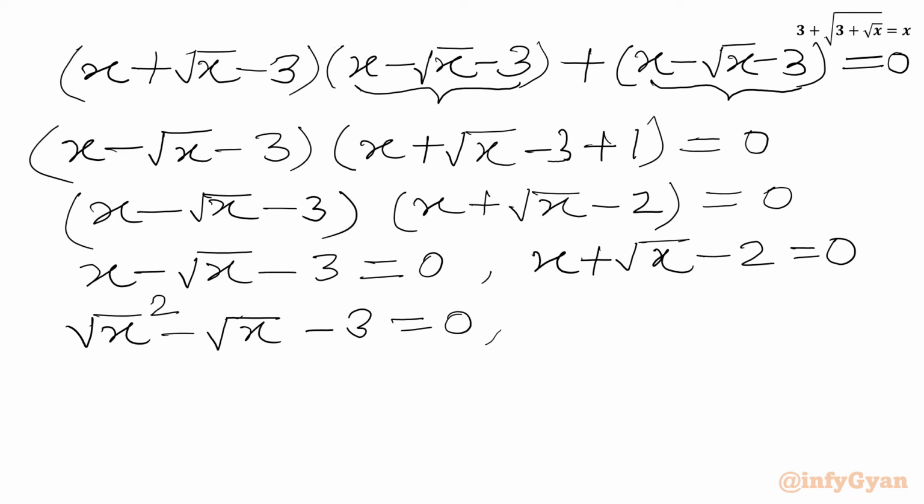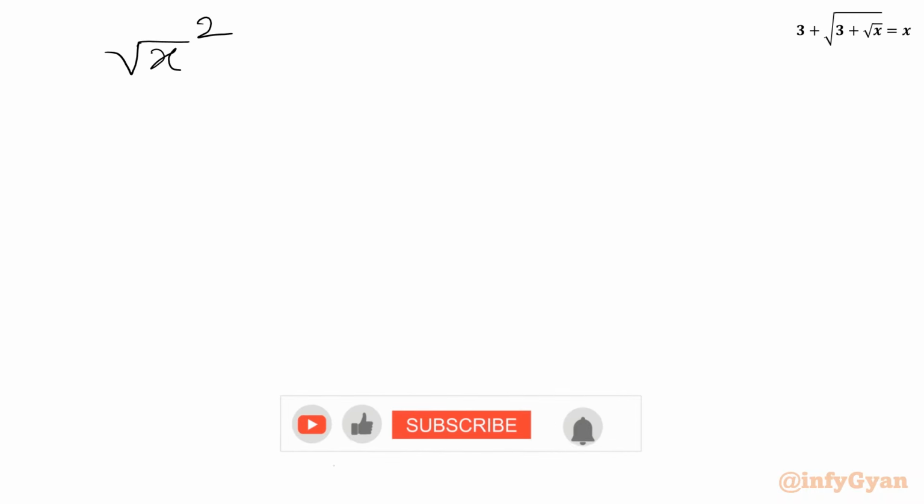Here also we will write square root x whole square plus square root x minus 2 equal to 0. Now we have to solve these two quadratic equations. Let us solve for the value of x. So I will write our first equation is square root x whole square minus square root x minus 3 equal to 0.